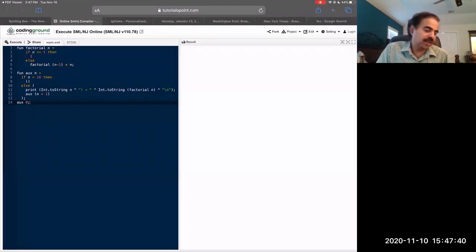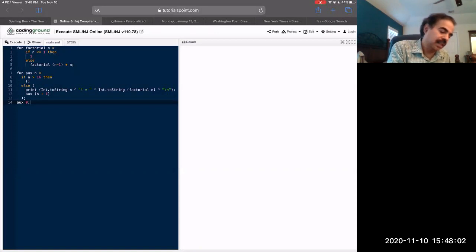So there is a factorial function that's being defined. And then there is a second function called aux, which I don't quite know what it does. I guess it's just an example function, which calls factorial, and then it kind of prints it out.